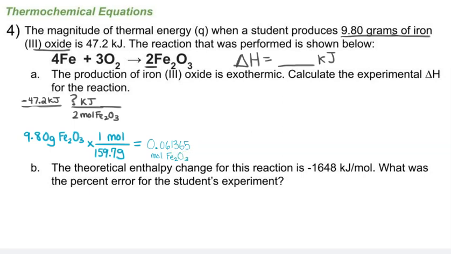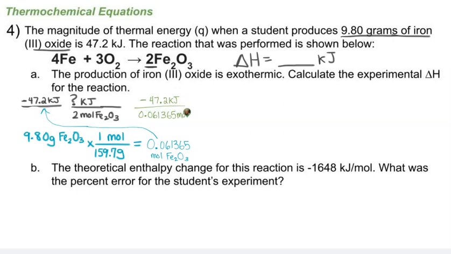So now we can plug this into the equation that we wrote before. The number of kilojoules divided by the number of moles will give us kilojoules per mole. So negative 47.2 kilojoules divided by 0.061365 moles.